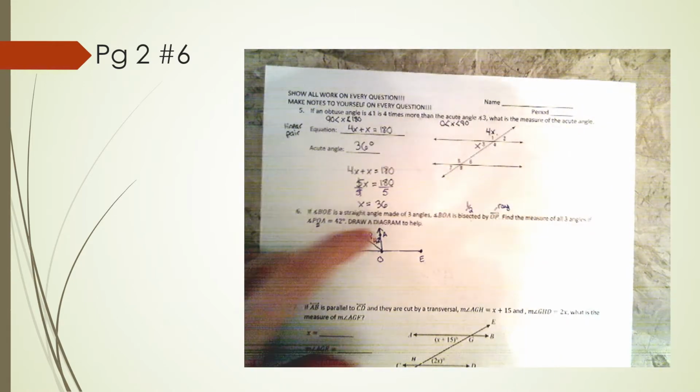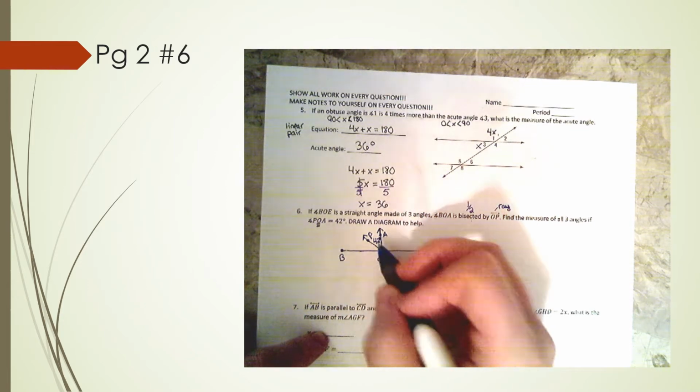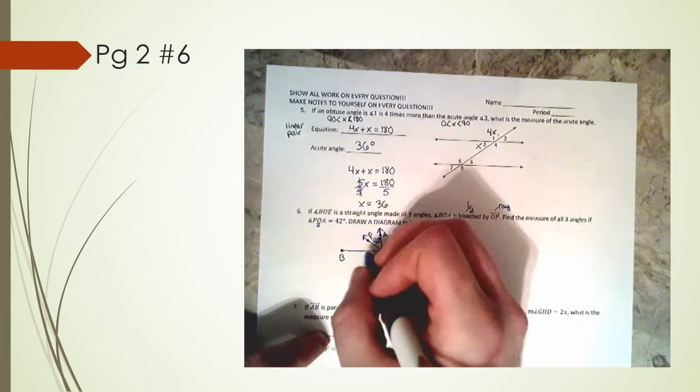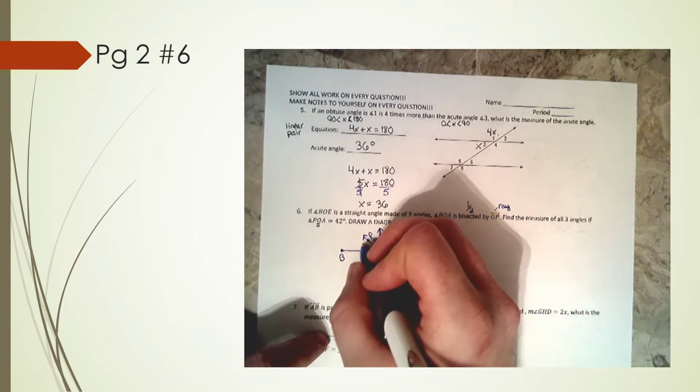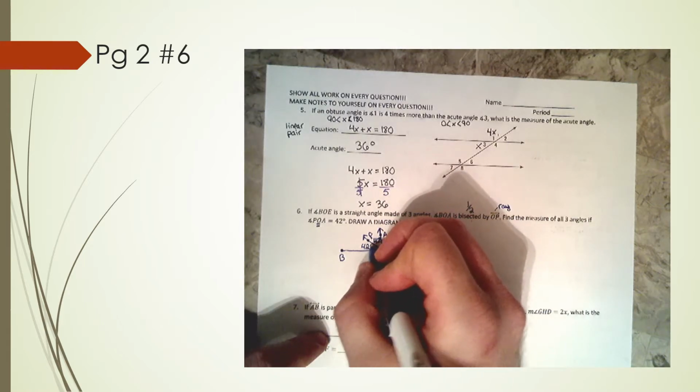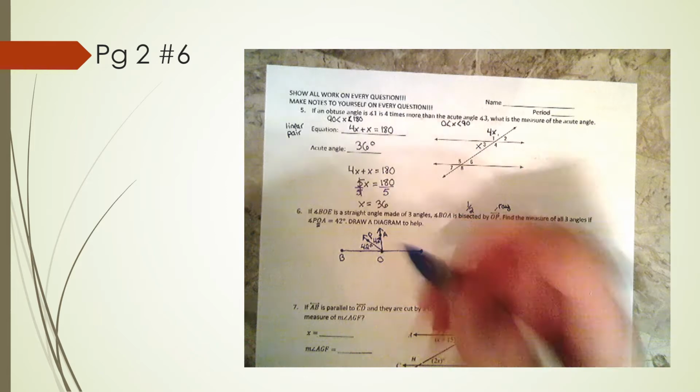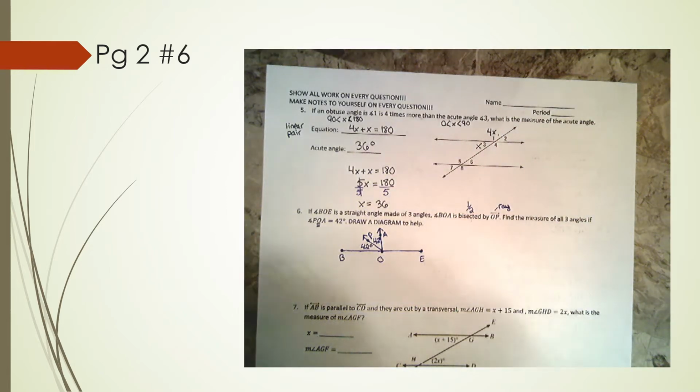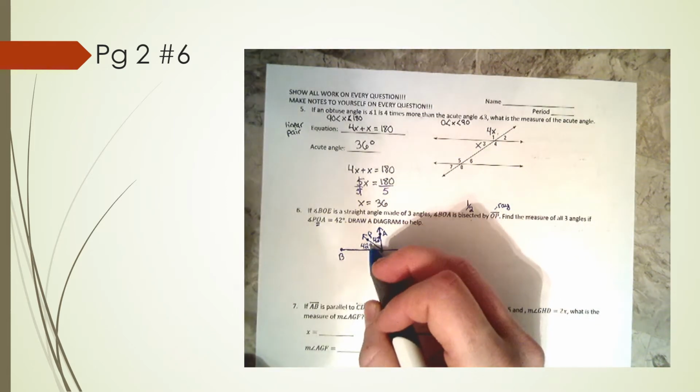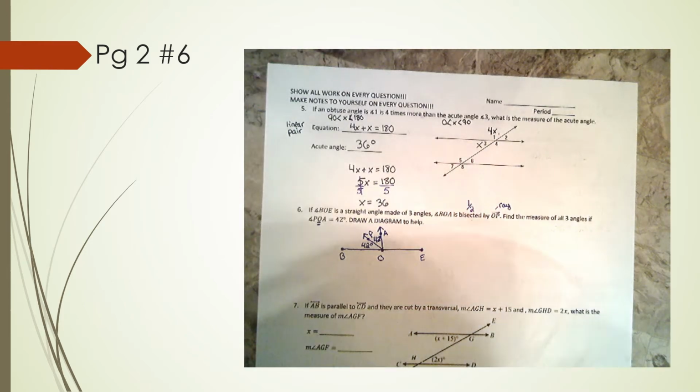If that angle is 42 and the angle BOA got bisected, that means that this side is also 42 degrees because the full angle got cut in half.